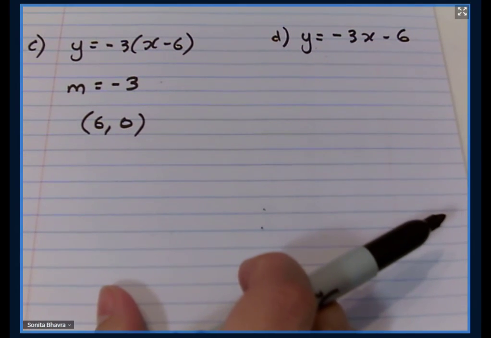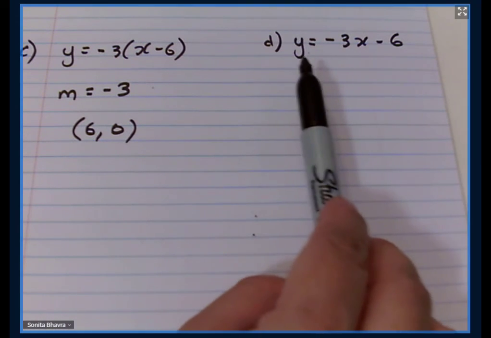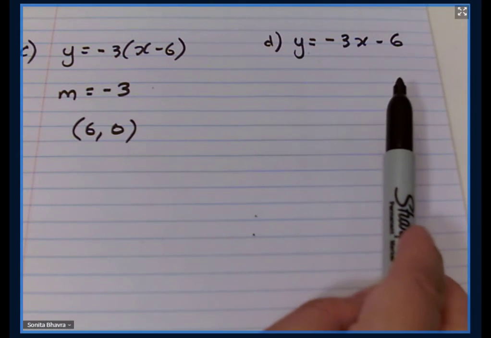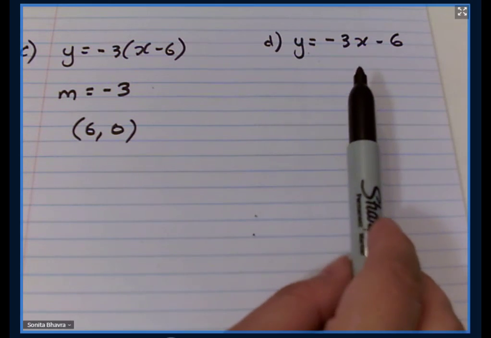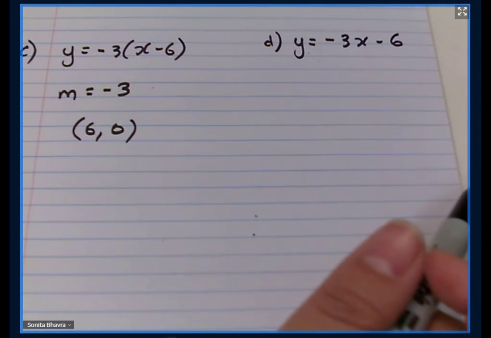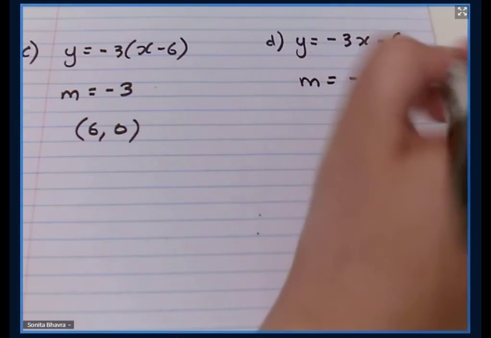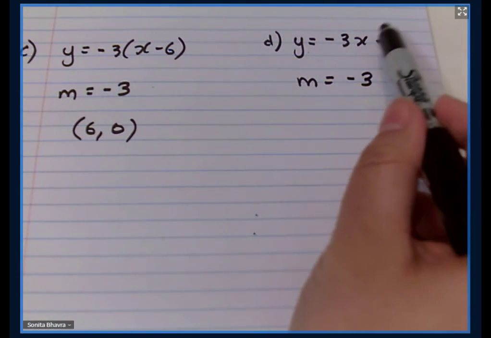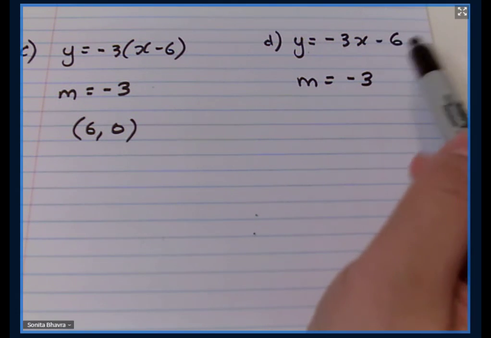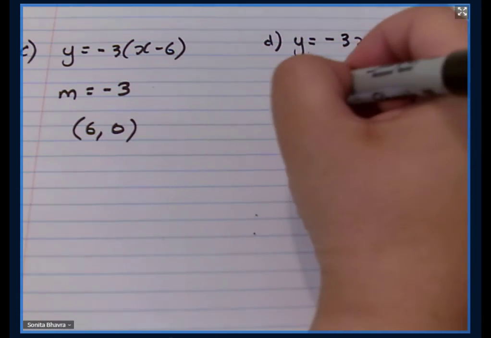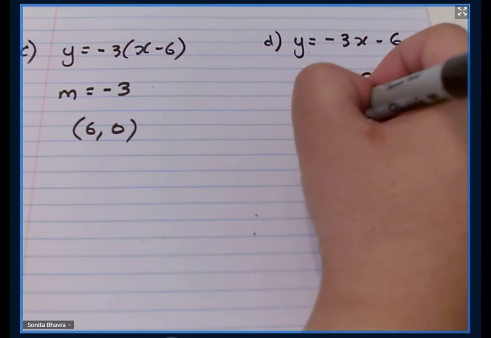All right, here, this is in our y equals mx plus b form. So what we know here is our slope is negative 3. And a point on the line, because this is our y-intercept, would be at 0, negative 6.